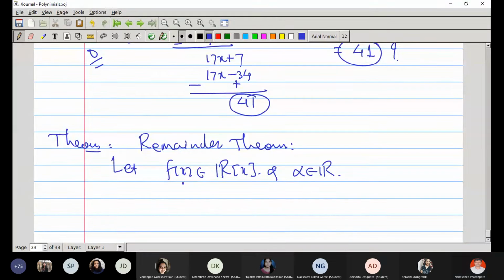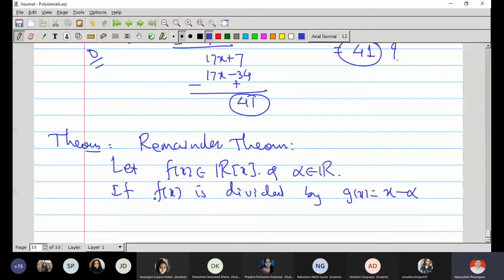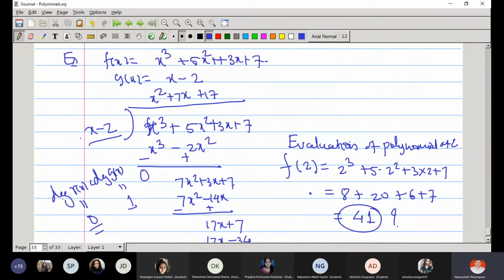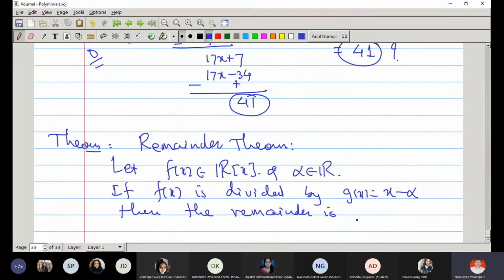If f of x is divided by gx, which is x minus alpha, whatever alpha is, then what should the remainder be by our previous example or discussion? What do we expect? Remainder is the polynomial evaluated at alpha. Whatever is the number, that is the remainder.